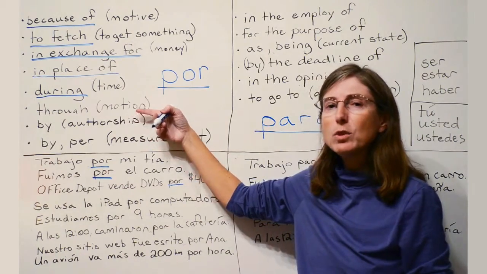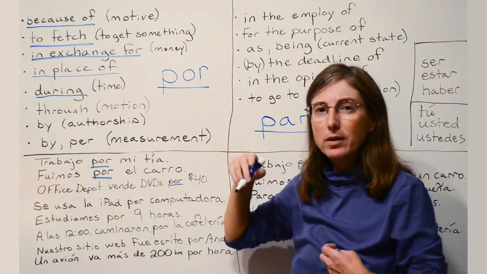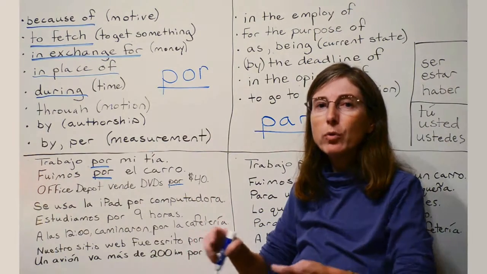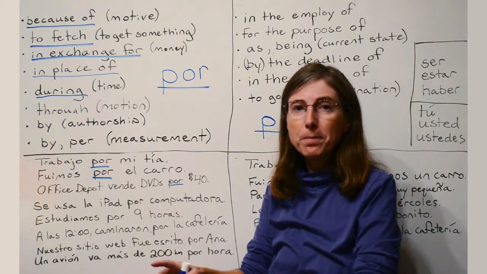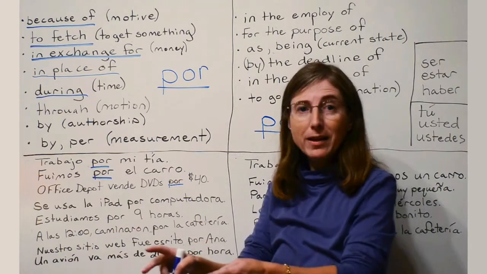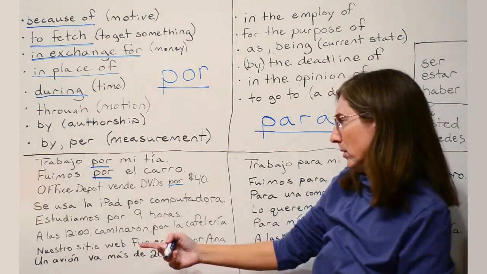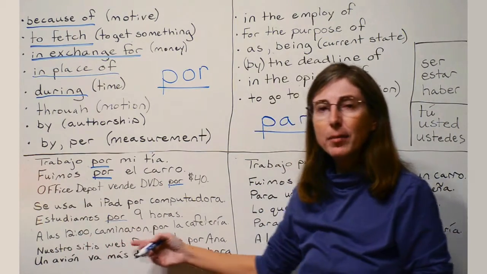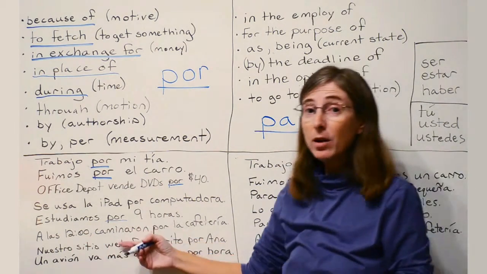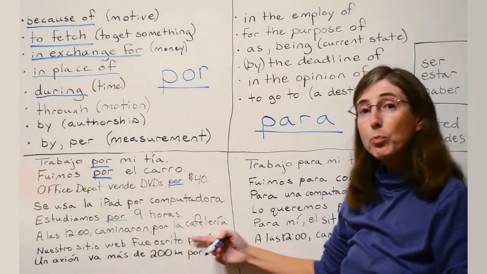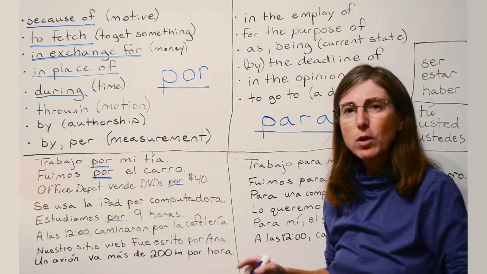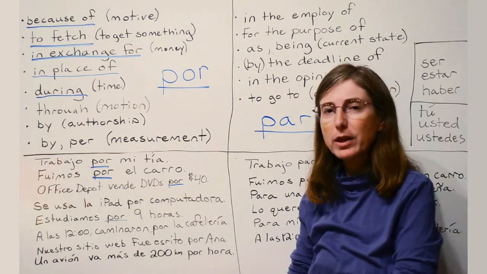Now in English we wouldn't use for to say through, but in Spanish por can mean through. We went through the park. Fuimos por el parque, that means through the park. A las 12 caminaron por la cafetería. At 12 o'clock they walked through the cafeteria.